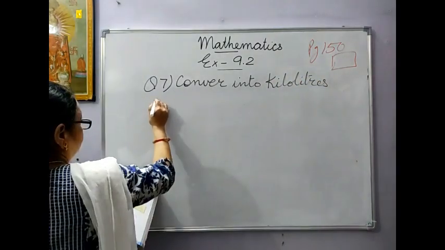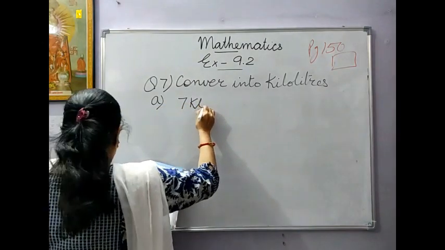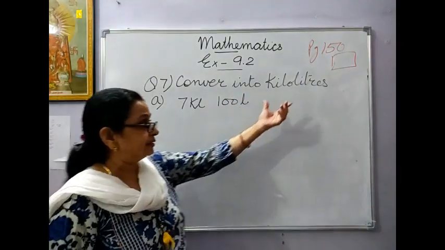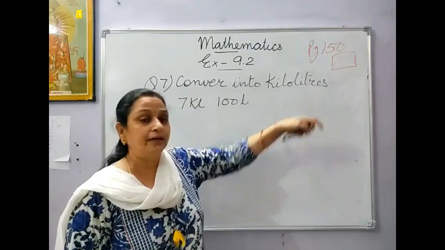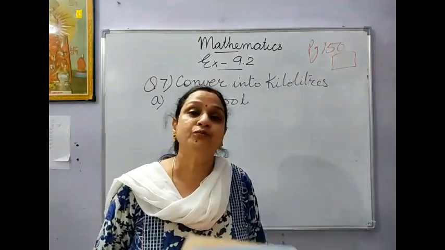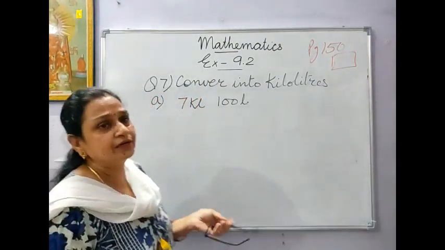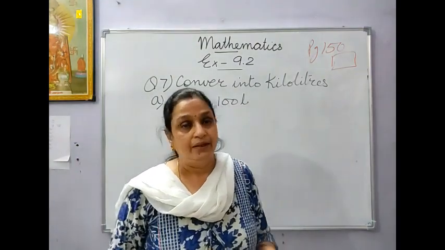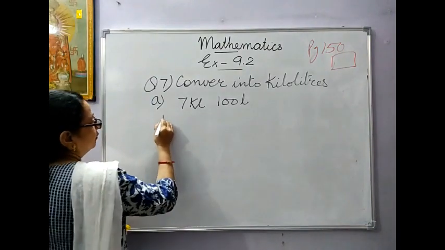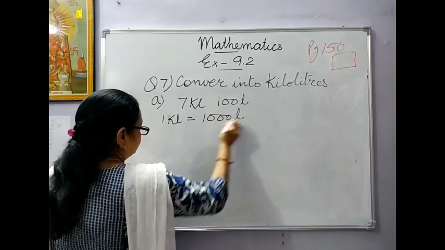In this I will be doing the same, A, 7 kiloliter, 100 liter. Kiloliter is the highest unit, okay? It is used when we are measuring something very large, a much greater quantity. Liters is normally used for any kind of liquid. So capacity we are doing. First of all, write down again: 1 kiloliter is equal to 1000 liter.